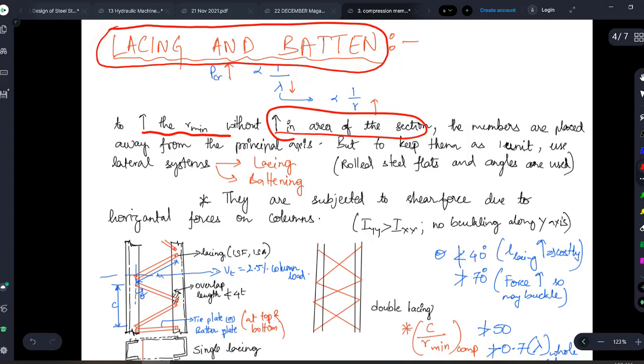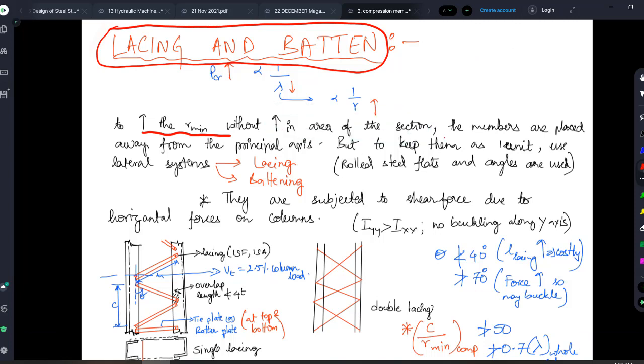That means I am not increasing the amount of material involved, but I am just doing some smart work. I am increasing the radius of gyration without increasing the area of section. That means the material I have is the same, but the load carrying capacity is increasing because my R minimum value is now more. I hope it is very clear. Did you understand the concept?